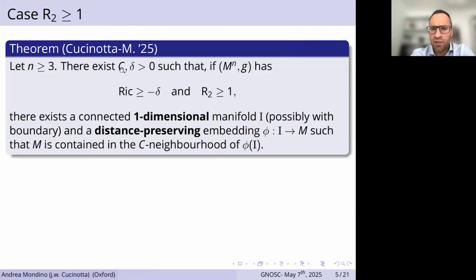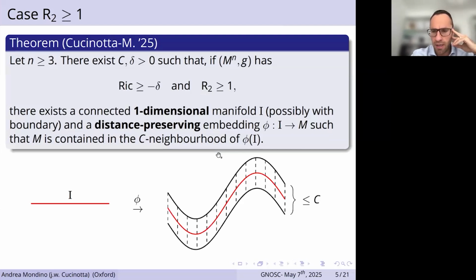Then there exist some constants c and delta, c very large, delta very small, such that if an n-dimensional manifold has Ricci bounded below by minus delta, and the sum of the two smallest eigenvalues of the Ricci is bigger or equal than 1, then there exists a connected one-dimensional manifold, let's call it I, possibly with boundary, so an interval or a half line or a line or an S1, and a distance preserving embedding phi from this one-dimensional manifold into M, such that the manifold M is contained in the C-neighborhood of the image phi of I.